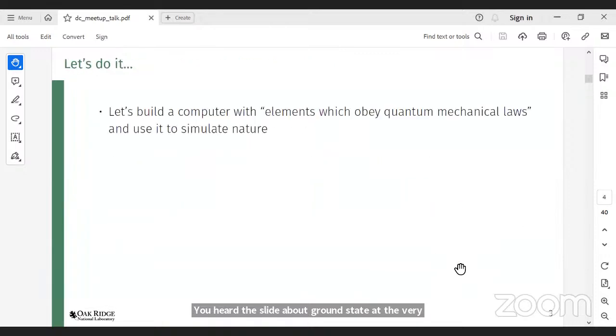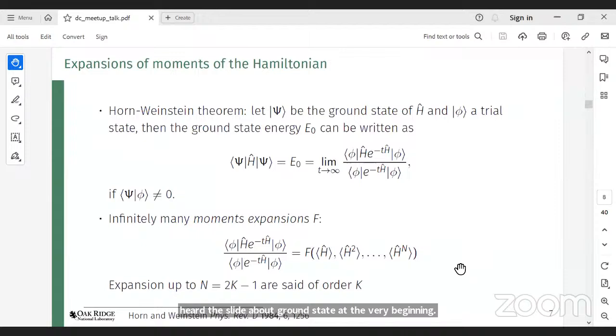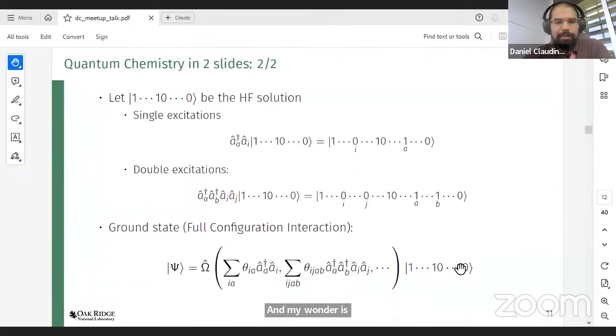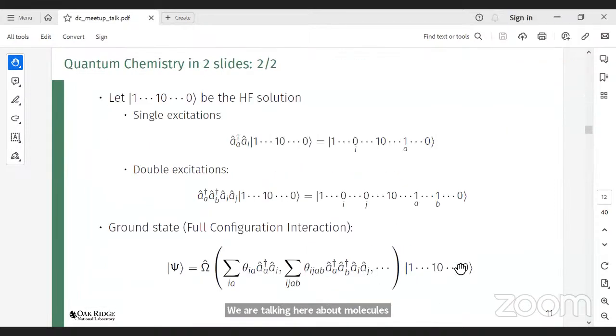We are talking here about molecules, right? Maybe you can elaborate and explain to me. It says full configuration interaction between the what? The two molecules or the degrees of freedom?